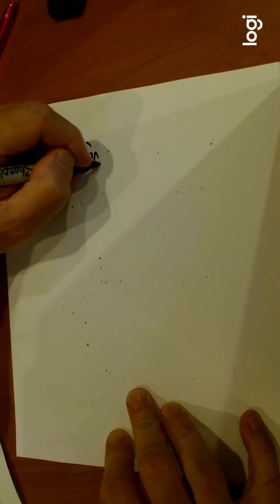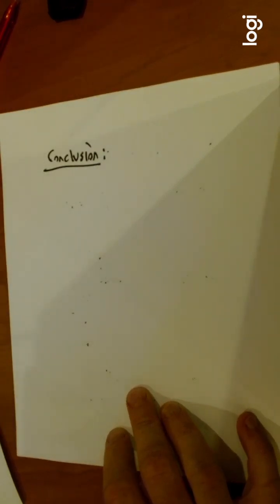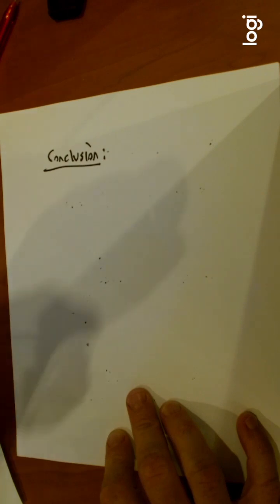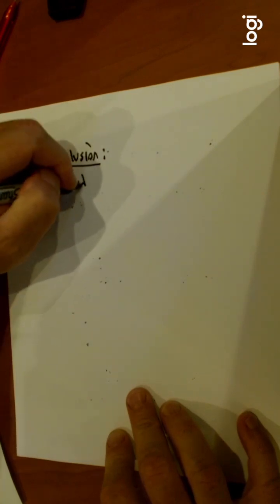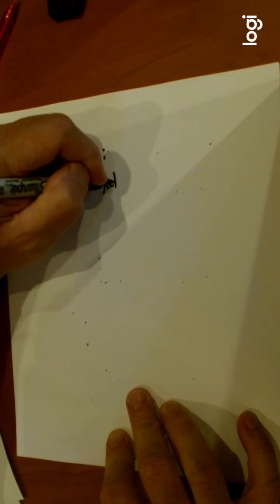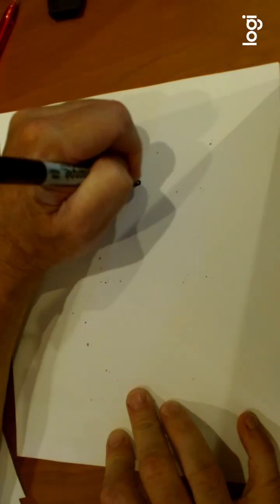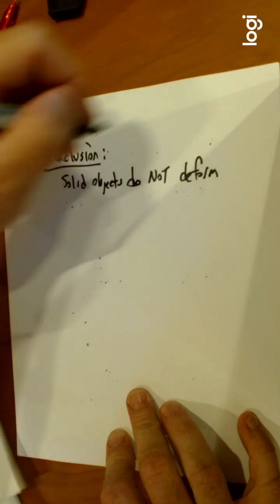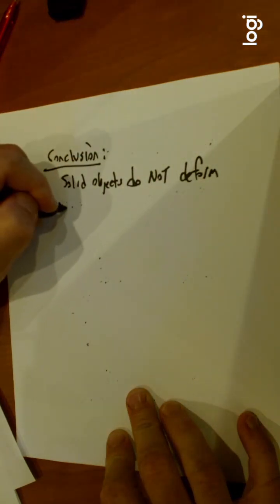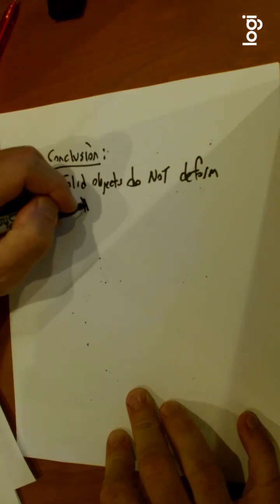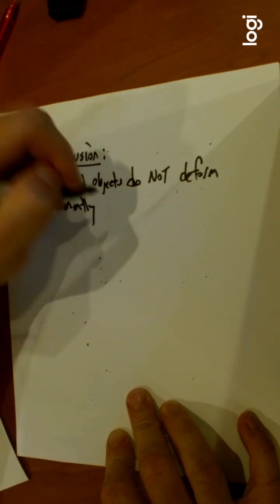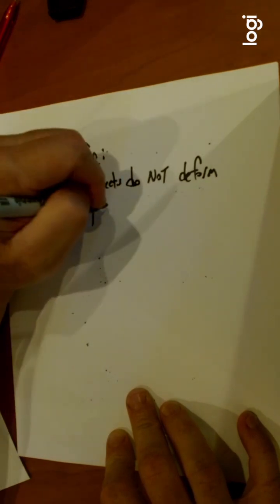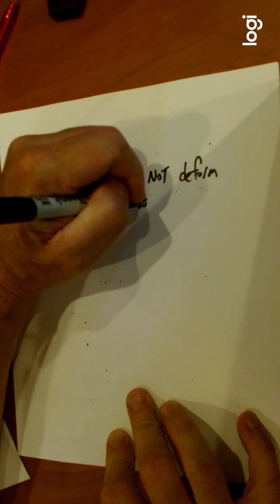So here's the conclusion. The conclusion in terms of what makes it a fluid is solid objects do not deform permanently when subjected to small shear stress.